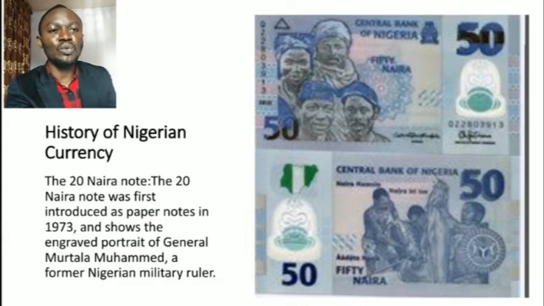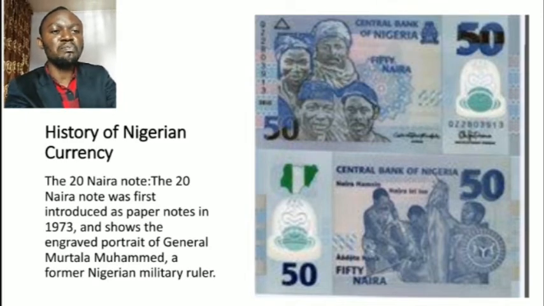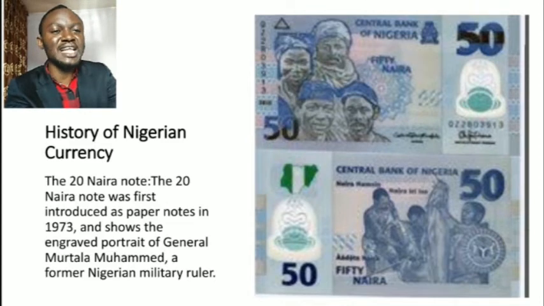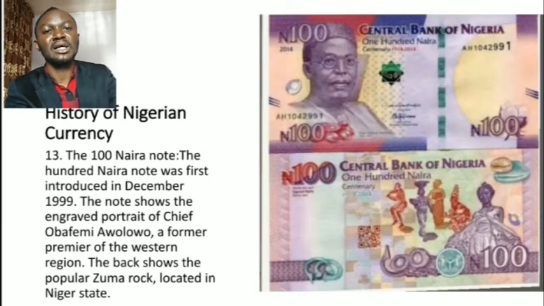So that's exactly why we have that. And you see, the back of this polymer note, this 50 Naira note, is showing industrious Nigerians, working hard to earn a living through decent means.